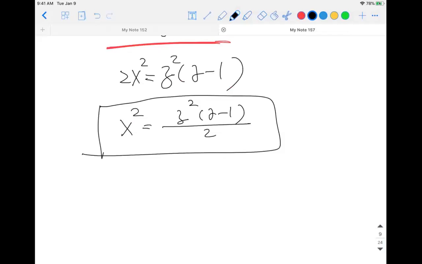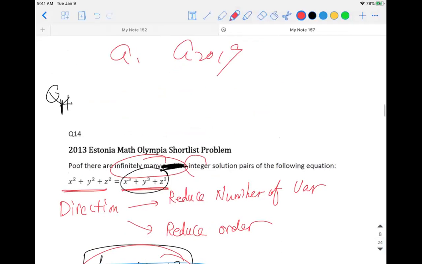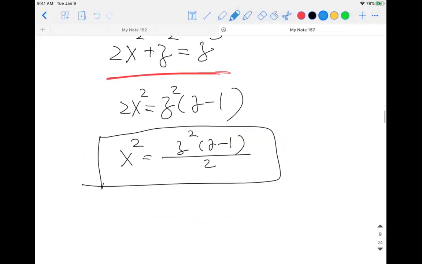In order to make sure this condition holds, my condition is asking what? This expression must have an integer solution, right? In order to have an integer solution, x must be an integer. X is what? A perfect square number equals z squared. Okay, not a big deal.